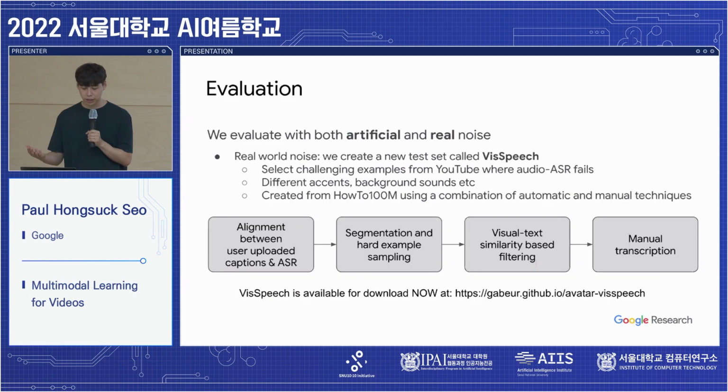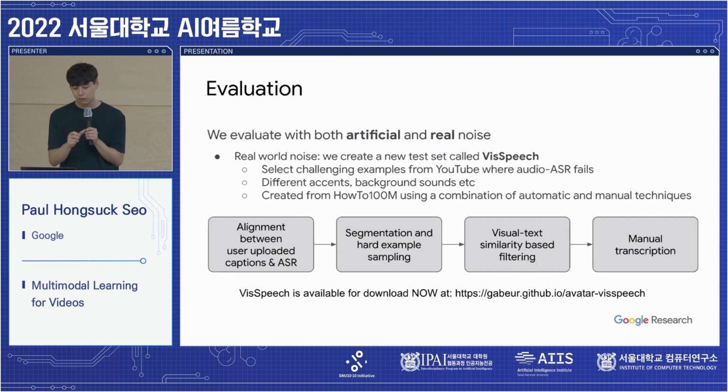And we also evaluated our model on a real noise setting. However, there are no reliable evaluation benchmarks, so we built a new test bed called VSpeech. To build this VSpeech data set, we first collected videos that contain both user-uploaded captions and ASR, and then we made an alignment between these 2 texts, and selected the segments that are hard by sampling those samples that have high word error rates.